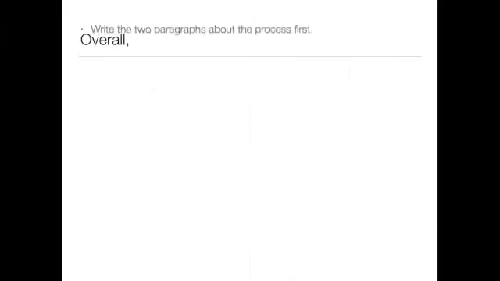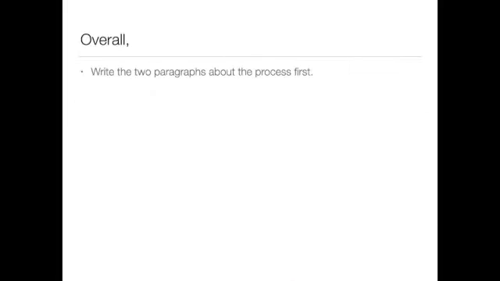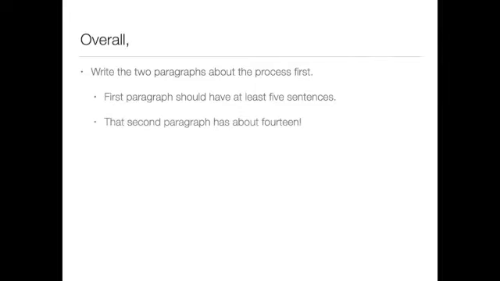So, overall, first you write 2 paragraphs about the process. In our example here, we've had at least 5 sentences in the first paragraph, the body, the first steps. Then in our second paragraph, we had like 14 sentences. That's pretty good. Unless you got fancy and used some textual evidence, in which case you got like 16 sentences in that second paragraph. That's pretty good.